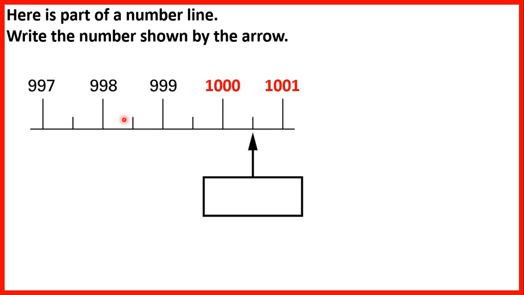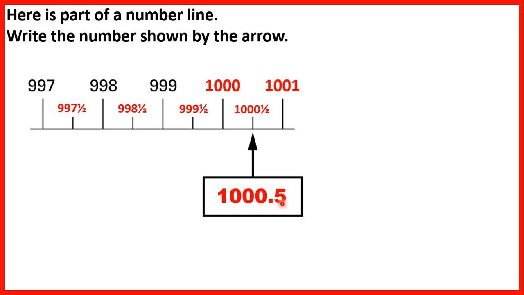But we also have these smaller points marked, and they're halfway between our whole numbers. So this point here must be 997 and a half, 998 and a half, 999 and a half, and then this point here is 1000 and a half, which we can write as 1000.5, because a half is 0.5 as a decimal.